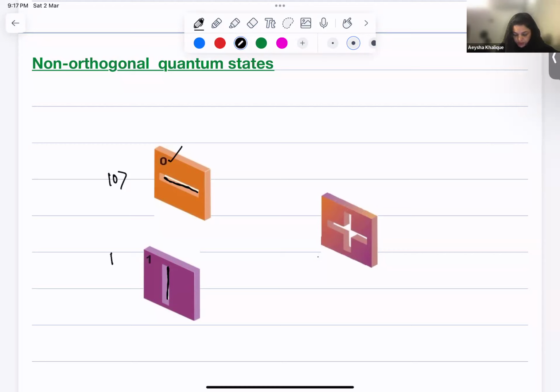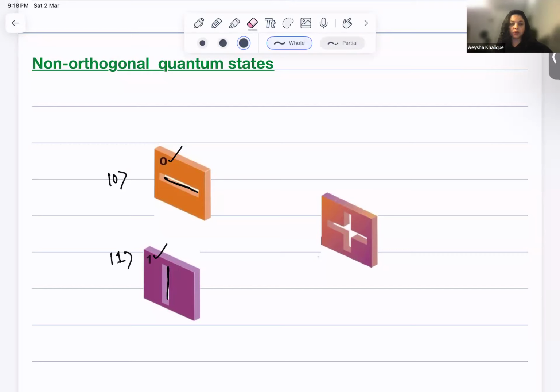And the vertical polarization is the state 1, and the bit value to be the bit 1, right? And then these are the bases. So these are the horizontal vertical bases, in fact, that are associated with this quantum state. So with this corresponding to the vertical, this corresponding to the horizontal.